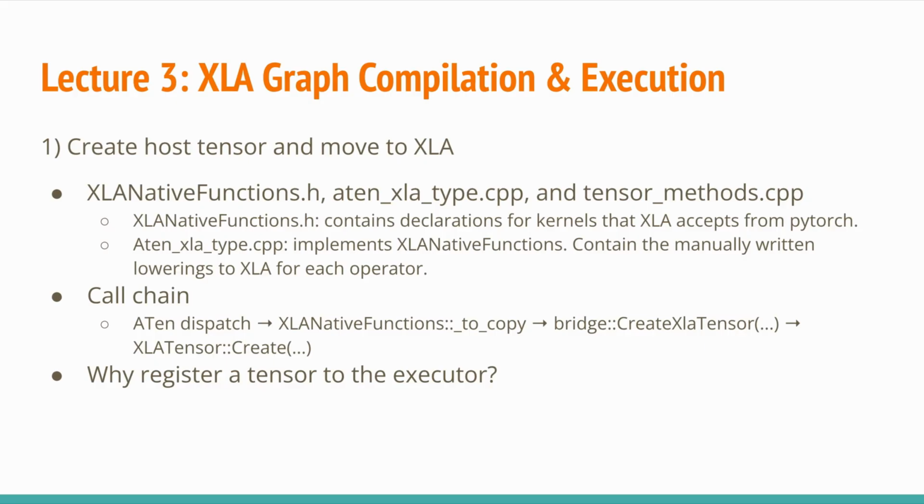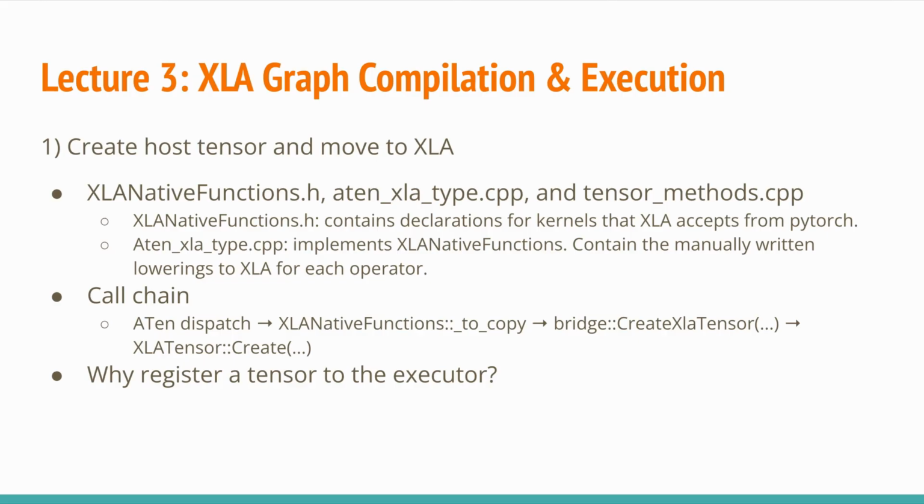When you call the .to method on a regular CPU tensor, the a10 library uses a dispatch mechanism to call the PyTorch XLA backend. This will actually involve a toCopy function, which is defined in a10xla type.cpp.